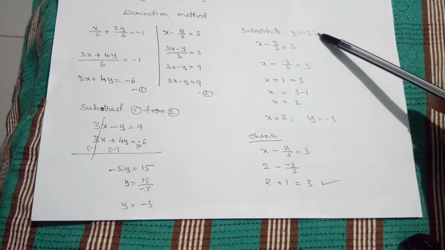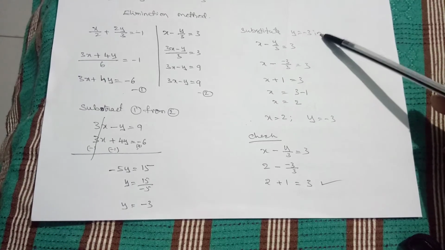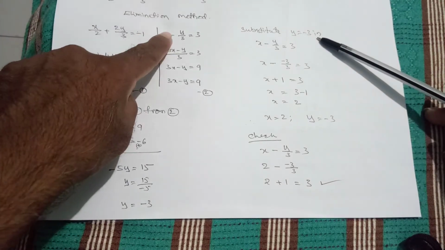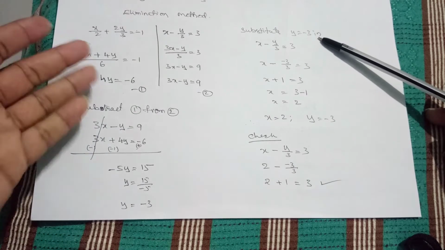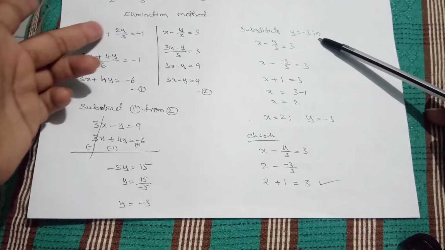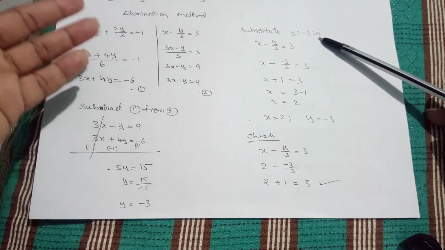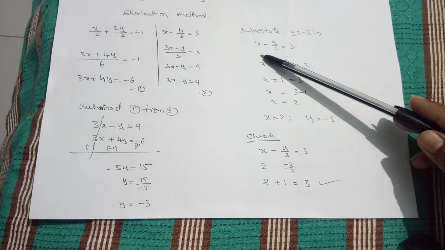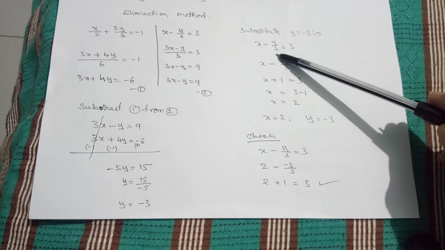So substitute this y value, y is equal to minus 3, in any of the equations. Now this equation looks simple. Of course you can substitute here also, but with LCM simplification it becomes a little lengthier. So take the simple equation, x is equal to y by 3.